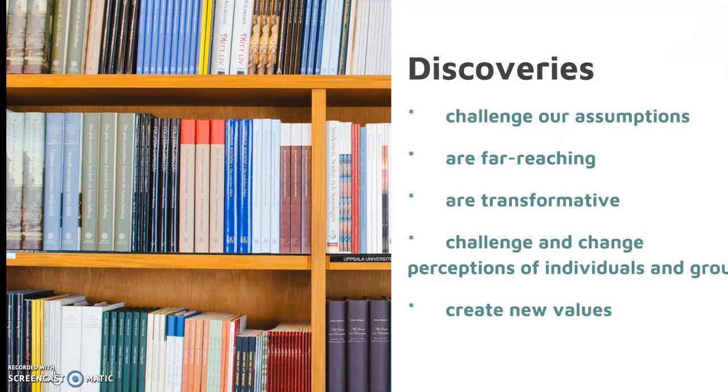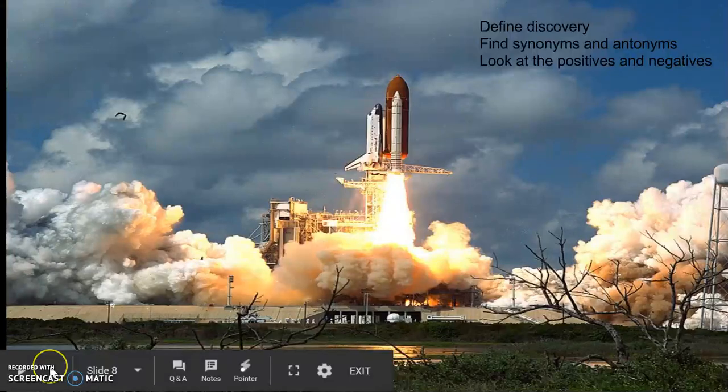They can challenge and change perceptions of individuals and groups. We've actually already said this one, and they can create new values. My apologies, I've got a couple of things there that I hadn't removed. The big one here, though, is that they can be far-reaching and that they are transformative. So one discovery can lead to another discovery, and they can have an impact on the individual and how that individual reacts to the discovery.